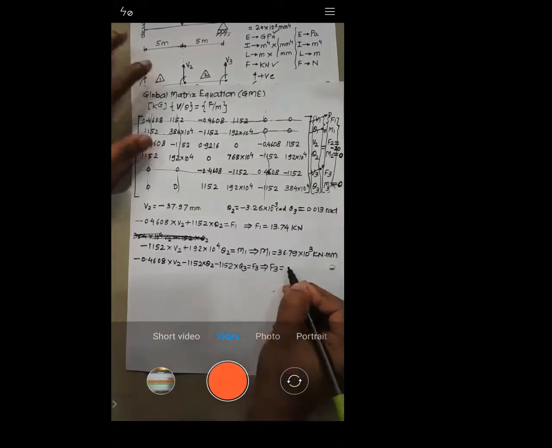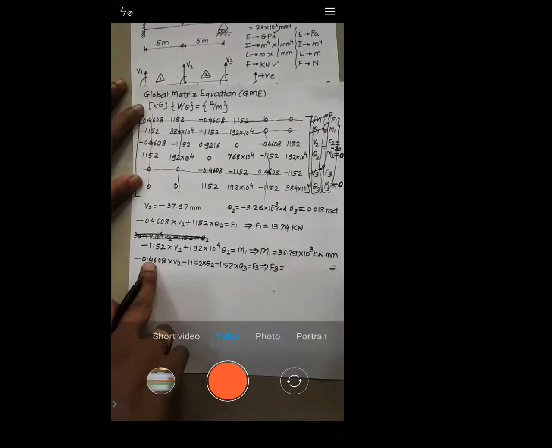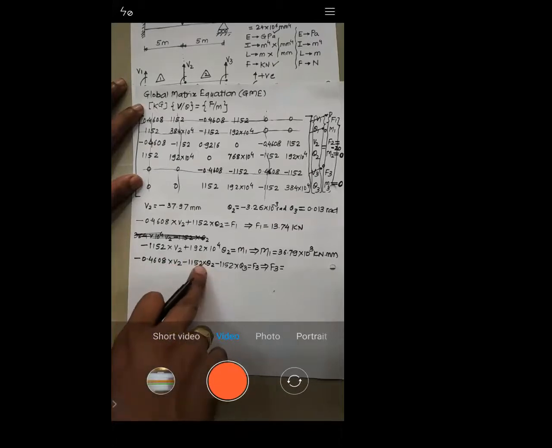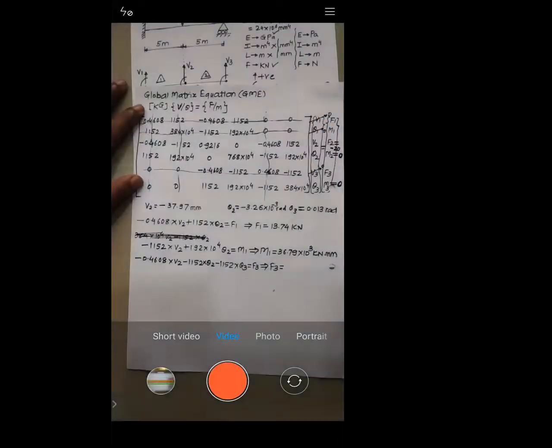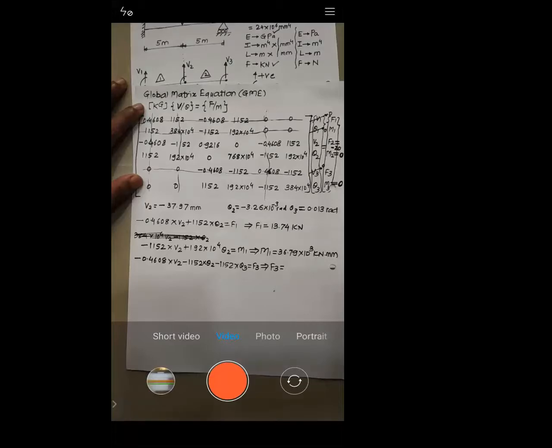What are you getting? See, 0.4608 into V2 minus 1152 into theta 2, minus 1152 into theta 3 is equal to F3.